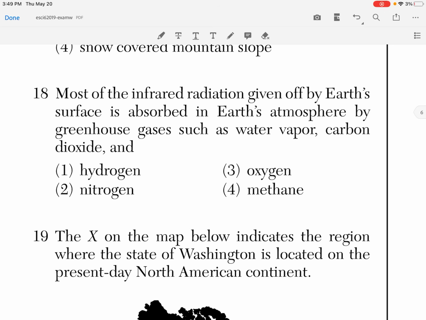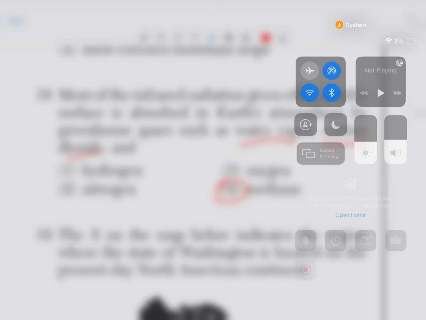You need to know that obviously water vapor is a greenhouse gas, obviously carbon dioxide is, and one more. And if you recall on this one, you would know that methane is the answer to this question. These other gases that are listed here are not greenhouse gases. Oxygen and nitrogen make up a majority of our atmosphere. Hydrogen is barely anything, and they don't absorb as much energy as methane does. Okay, so the answer to that question is 4.